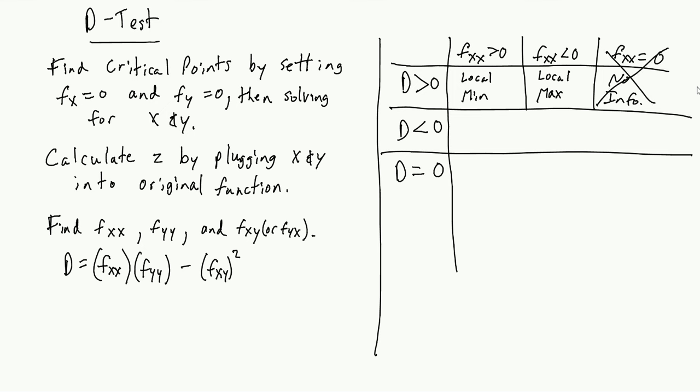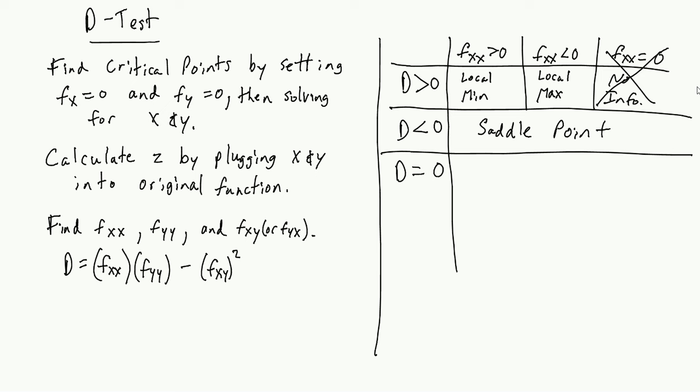The ones you're going to get will work out. Okay, so that's if D is positive. If D had come out to be negative, then you don't have to look at anything else. You just automatically have a saddle point. So you don't even have to look at any second derivatives. It's just if D is negative, saddle point.